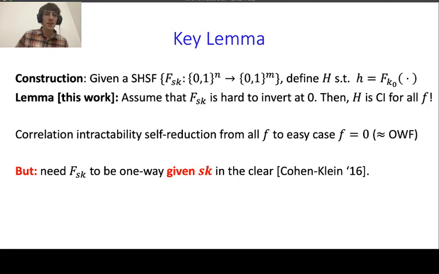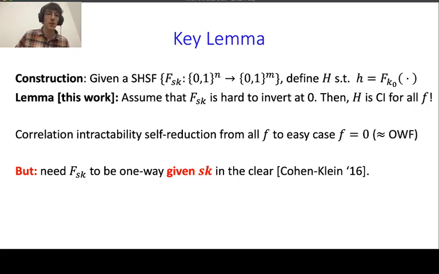But there is a caveat here, which is that you need the shift hiding shiftable function itself to be one way, and the way this is phrased is that we want it to be one way given the secret key in the clear. So this is a very interesting question. It's come up before: what happens when you give out the secret key for a PRF?